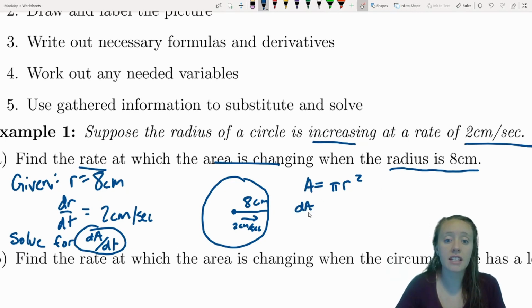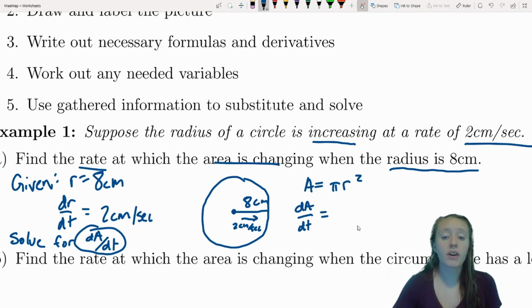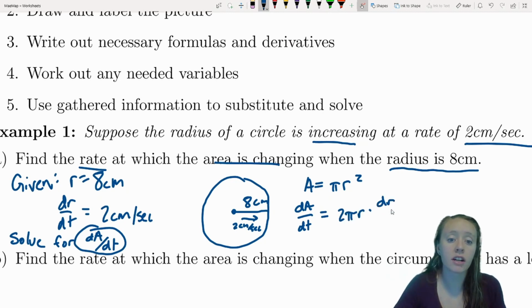We've already done this up above, so I'm going to just write that dA/dt is equal to 2 pi r times dr/dt. My pi stayed out in front, and when I took the derivative of r squared, that became 2r times, remembering that chain rule, dr/dt.